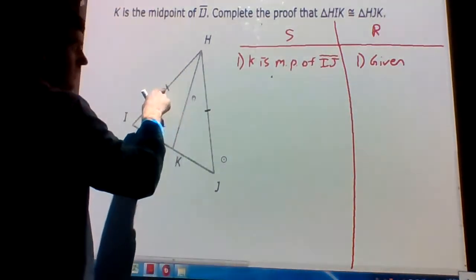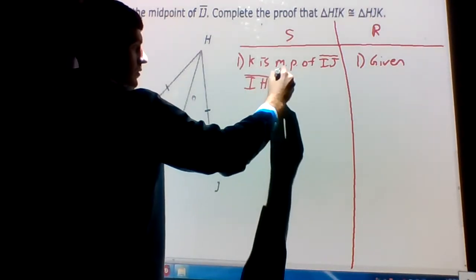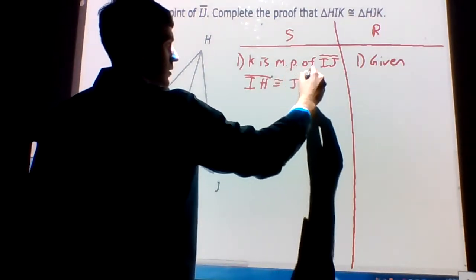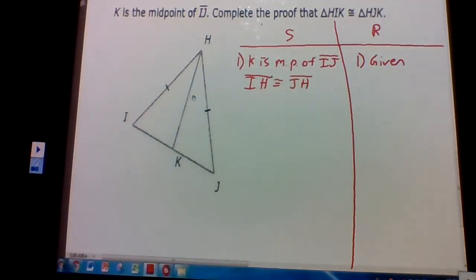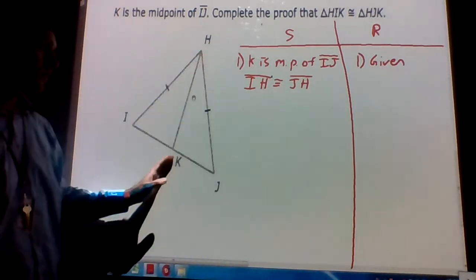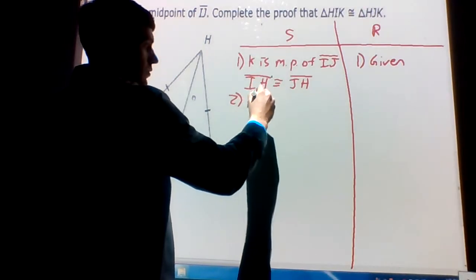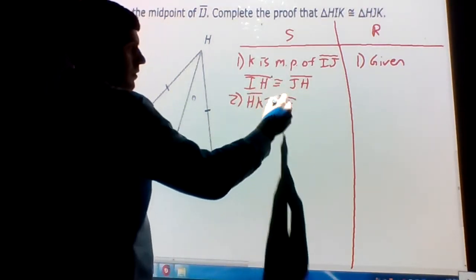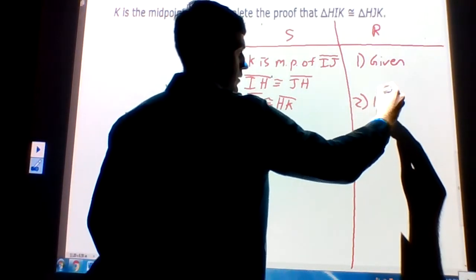Okay, we're also given that IH is congruent to JH. Okay, we go down our list. We don't have vertical angles. We do have a shared side though. The side that's being shared by both triangles is HK. So we know that HK is congruent to HK. Okay, that's a reflexive property.